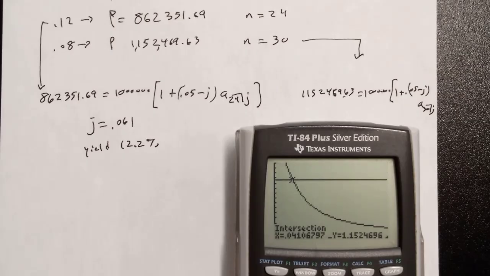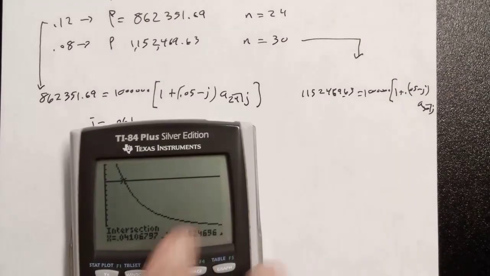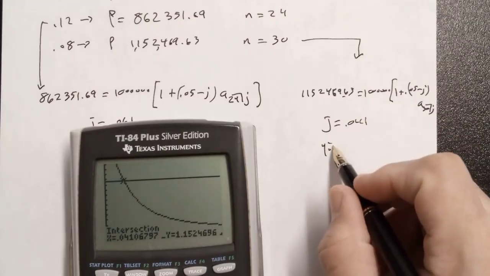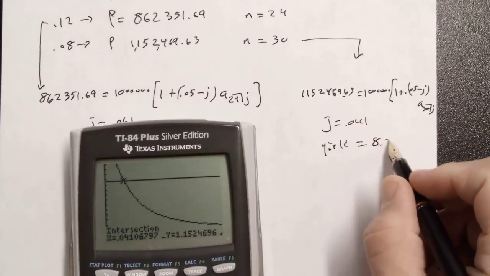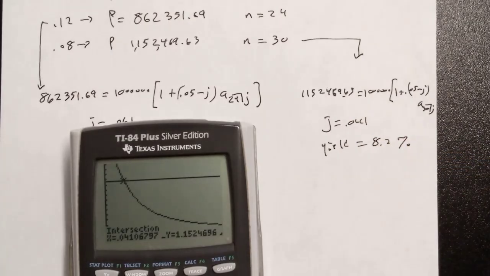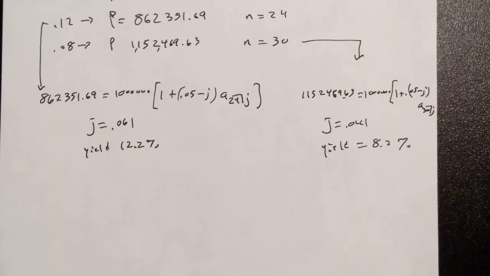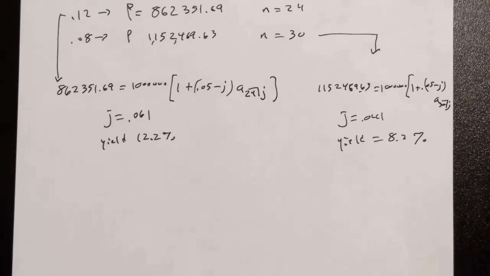So I get a yield of 8.2% as opposed to 8%. So when I pay the lowest possible price and I hold longer, I earn a higher yield. If I pay the highest possible price and hold shorter, I earn a lower yield.